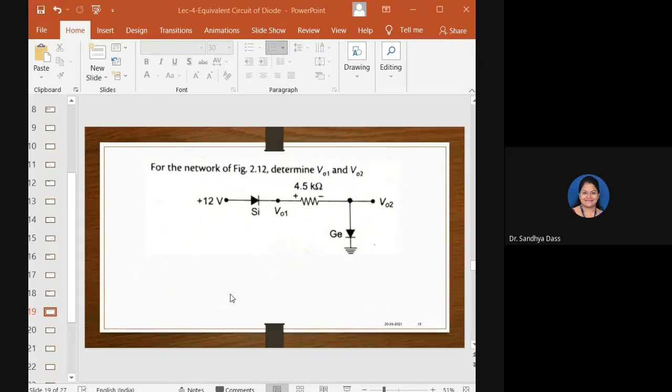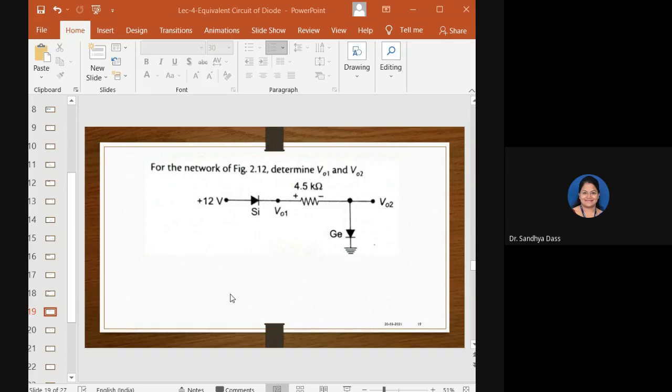Can anyone tell me what is the output for the network shown? All these circuits have been taken directly from the prescribed textbook, by Nagrath and Gopal. So that's why you can see the figure numbers and all there. Now, for the network shown, determine VO1 and VO2. Can anyone try?